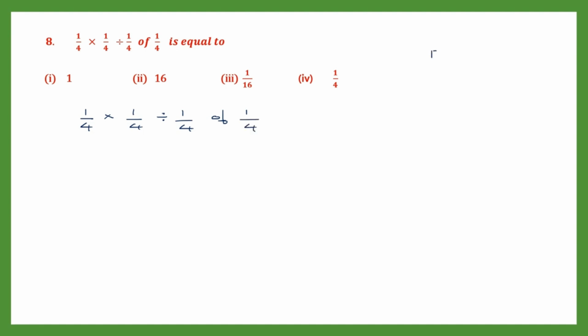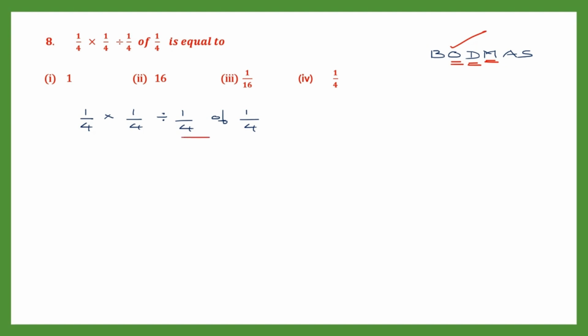Now according to BODMAS, what should we do first when we have all these operations? So here what do we have? We have multiplication, division and of. So according to this, of has to be done first.